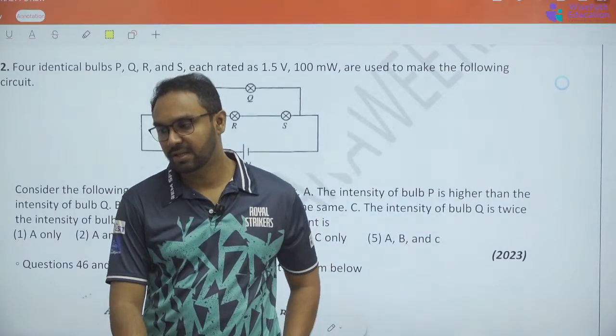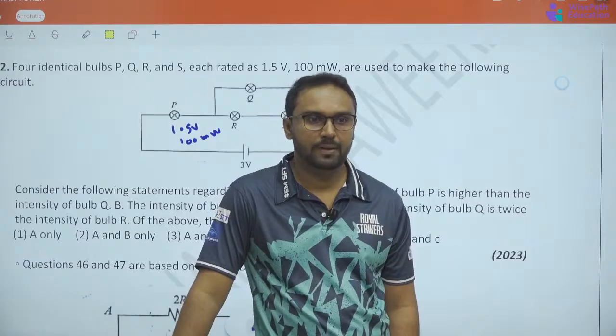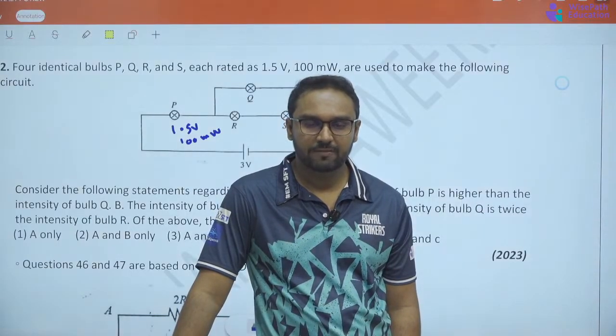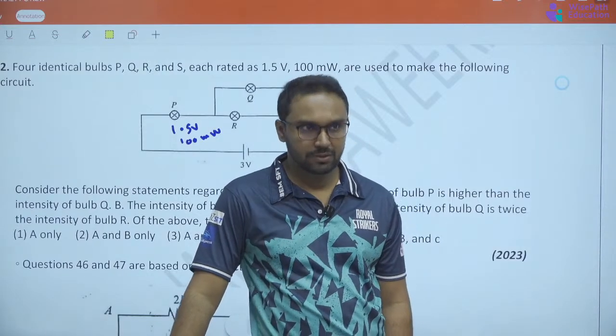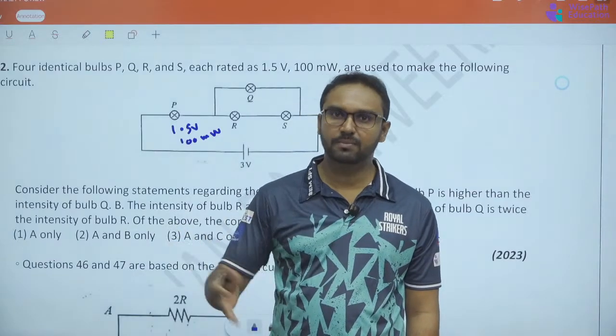Now think of it in this way. If it is the power, basically it's about VI. So you basically have to think in terms of VI. The more the VI, the more the power, the more the intensity.